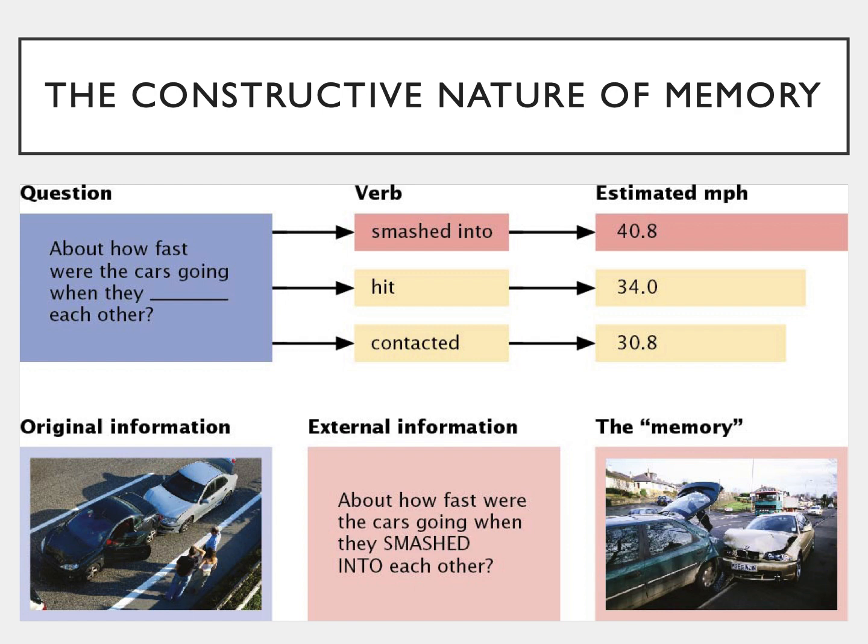Smashed into was estimated at an average of 40.8 miles per hour. When the verb hit was used, it was reduced to 34 miles per hour. And when contacted was used, all the way down to 30.8 miles per hour. That's a 10-mile-an-hour difference based simply on which verb was used in the question that elicited recall of the memory.